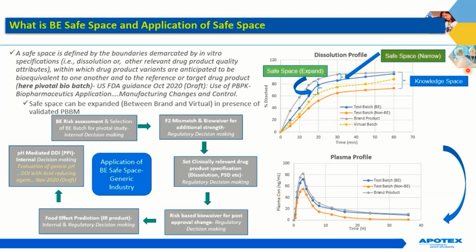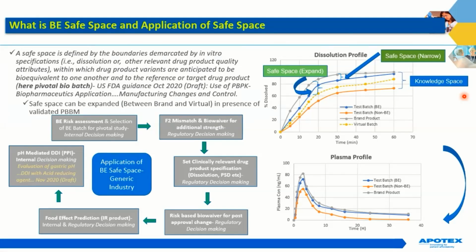Now, in the absence of a modeling and simulation approach, the dissolution profile between the brand and the biobatch is the safe space, which is pretty narrow, as most of the time we try to manufacture the pivotal biobatch as close as possible to the brand formulation. With the addition of a non-biobatch, we are able to expand the limit of the knowledge space.